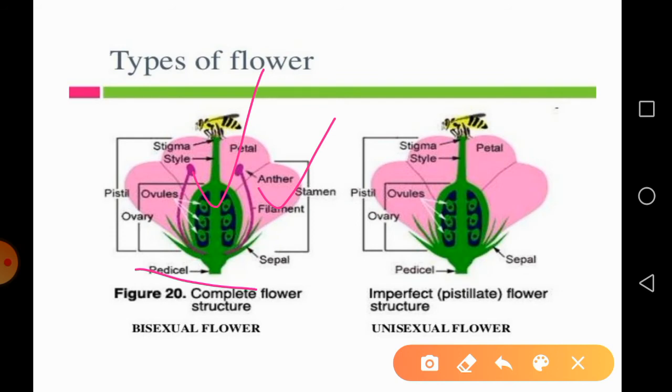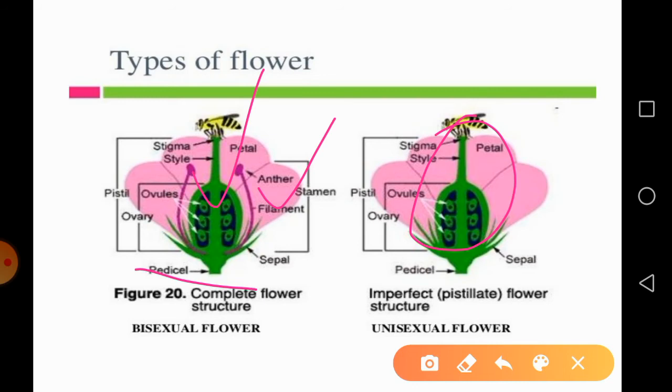Therefore this flower is said to be a bisexual flower, while in this other one, if you see, it has only gynoecium, androecium is absent, and therefore this flower is called a unisexual flower because it has only one sex, the female part; the male part is absent. Therefore it is a unisexual flower.